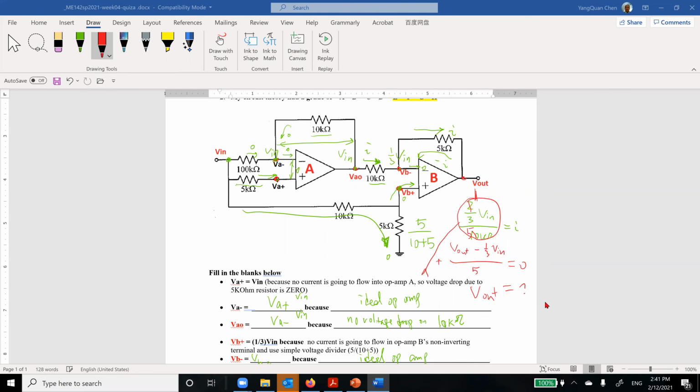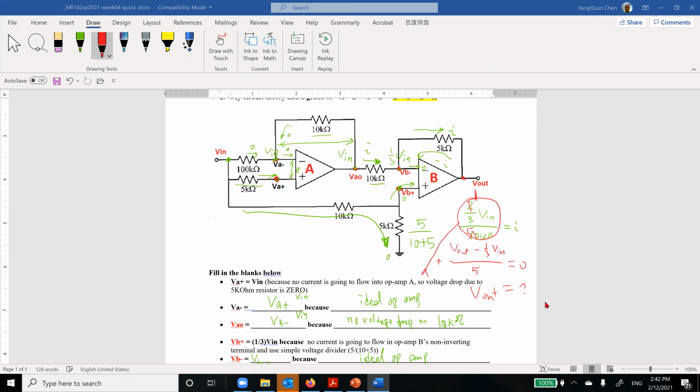Wait, if there is no voltage in V out, is there any point to the op-amp? Now, this is just the game. Don't ask me what's the real purpose of that. No, there isn't no utility. I don't know the utility in how this is useful.